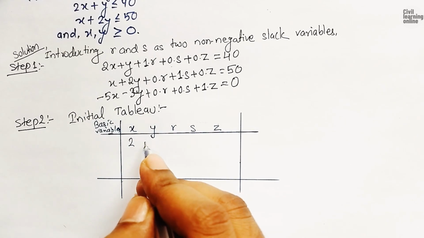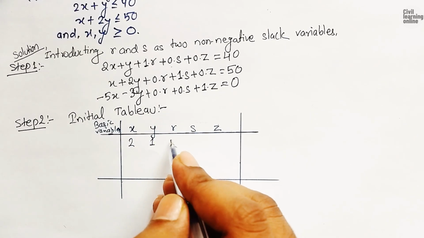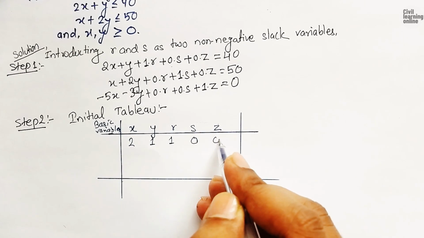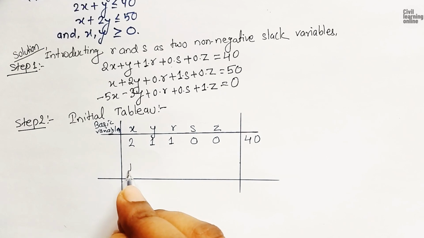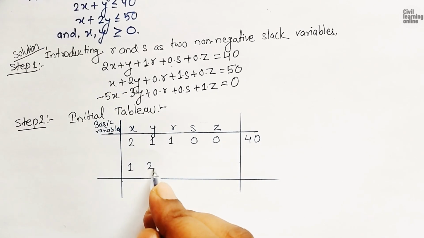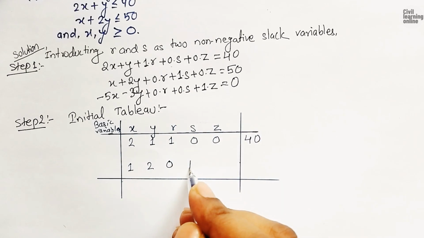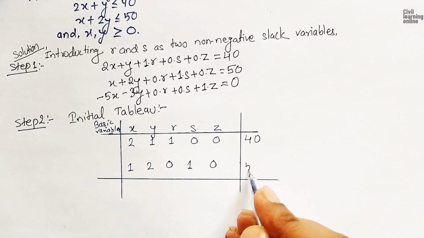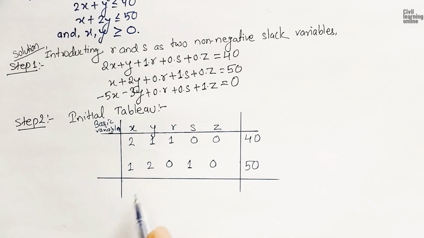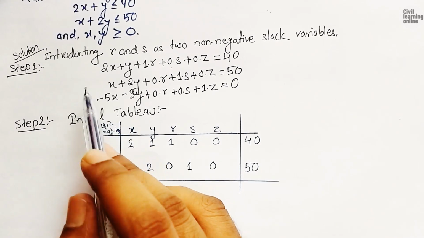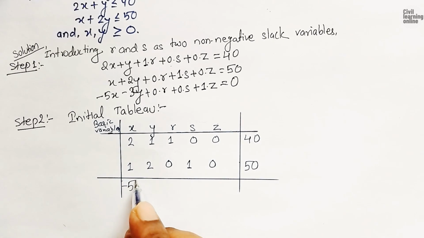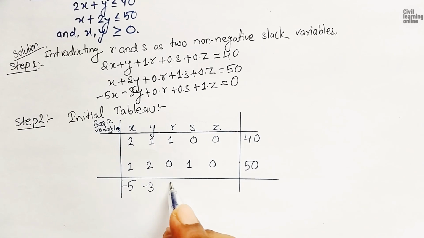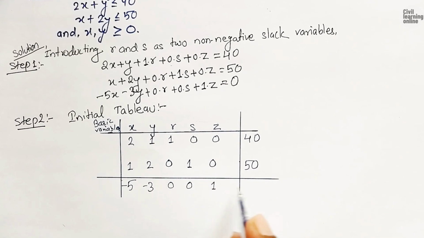So here we have 2, 1, 1, 0, 0 and 40, and again we have 1, 2, 0, 1, 0 and 50. Beneath this line we will write down the elements of the objective function, that is minus 5, minus 3, 0, 0, 1, 0.